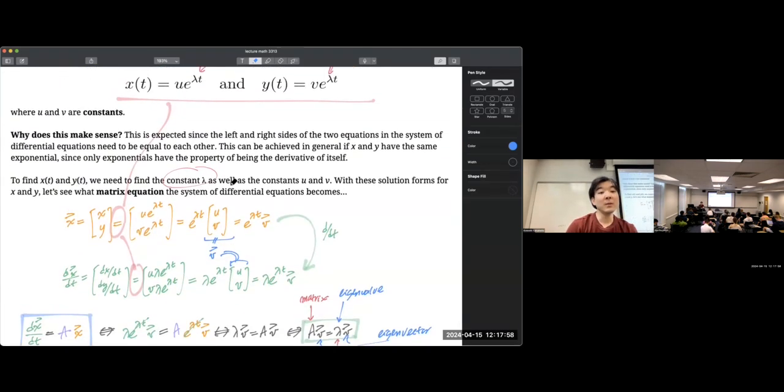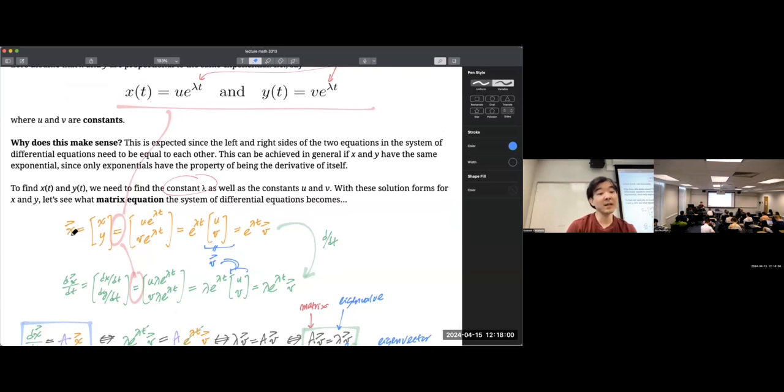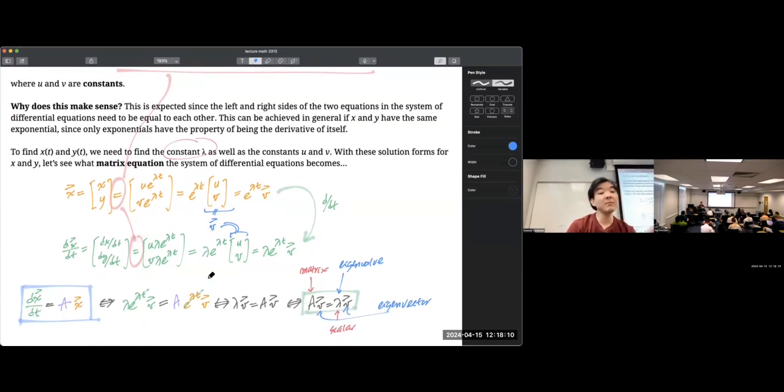What do we always do when we have a proposed solution form? We plug it into our x and, well, in this case, not just our x, but both our x and y. And then we plug it into their derivatives, dx over dt and dy over dt. We're writing everything in matrix form just so that we don't have to write a lot and just keep it condensed like this.